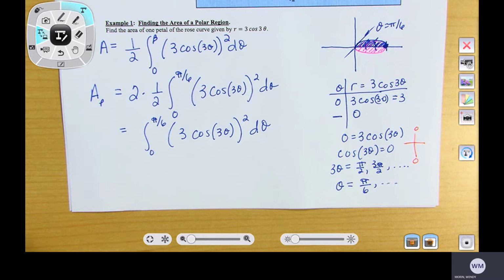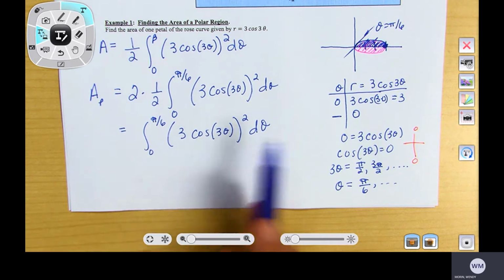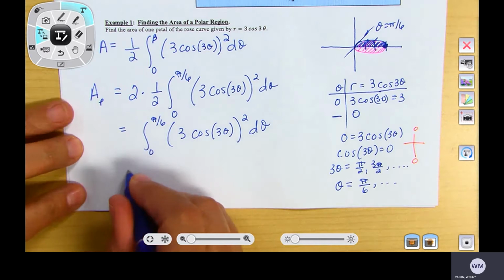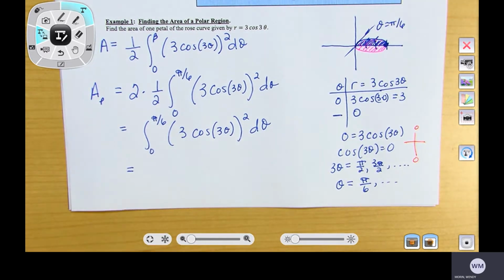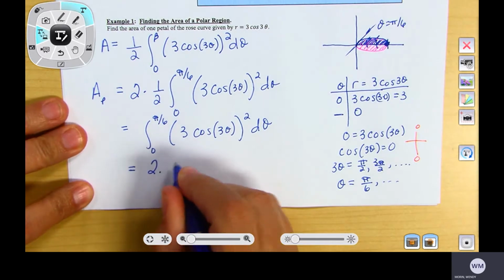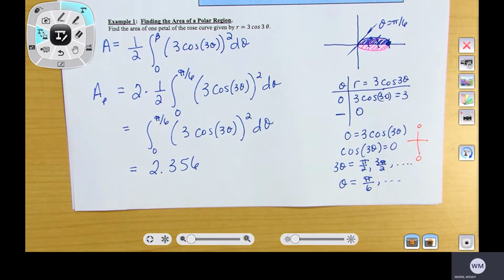So it could be like which one of the following is the integral of the area of a petal. So they could have it like this. They could potentially square the 9 and put the 2 here. They could rewrite it. Or it could be a calculator problem. So if I were you, I'd pause the video right now and practice typing that into our calculator and make sure you can come up with the 2.356. Or you can try that later. That's our first example.